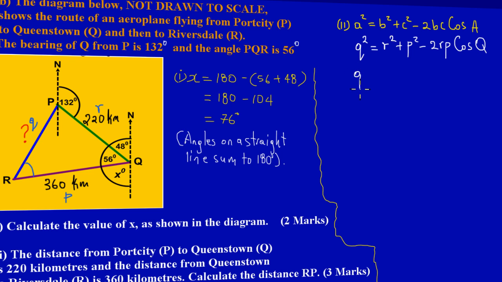So I'm going to say q square is equal to, and just by substitution, r is 220.